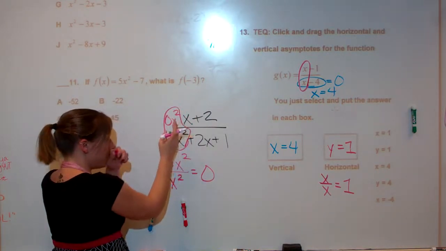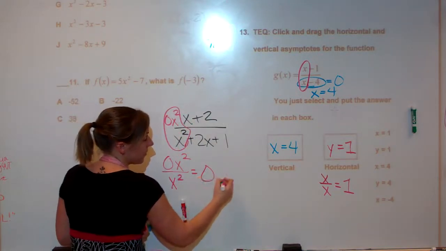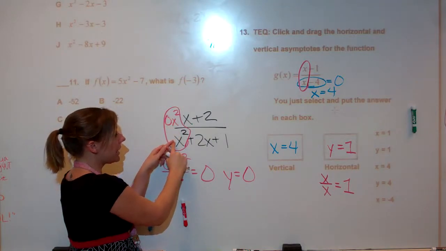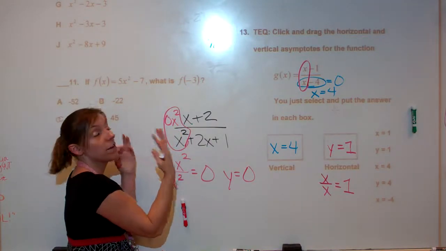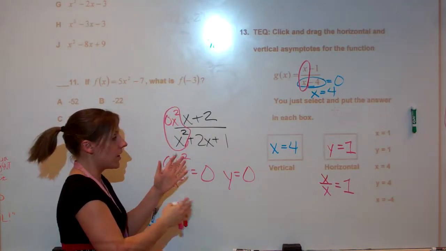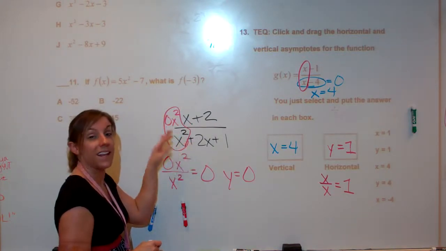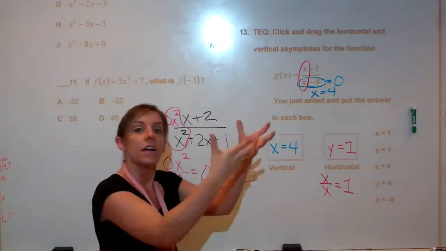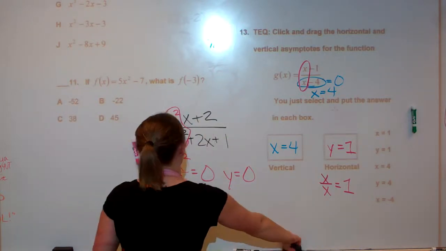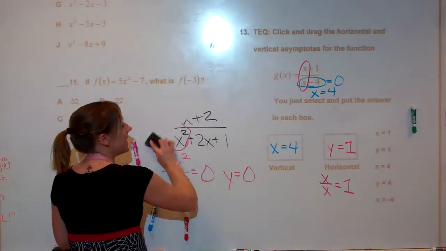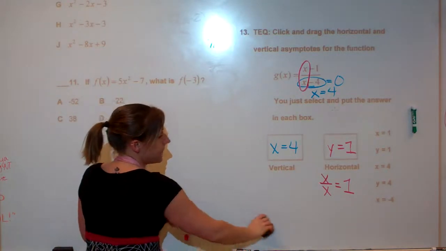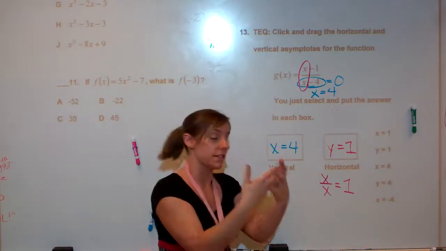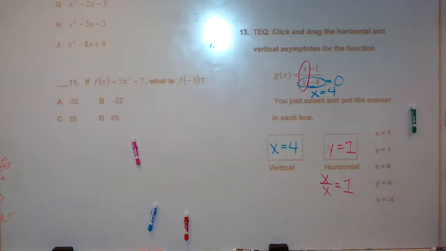So this horizontal asymptote would be y is 0. So if the highest power is missing from either one, then you just put in a 0, and it normally will work out. If the 0 were in the denominator, you wouldn't have an asymptote, because remember, you can't divide by 0. Just as a heads up, in case you were to see non-matching powers, that's what you do. Put in zeros for the missing, and then go from there.